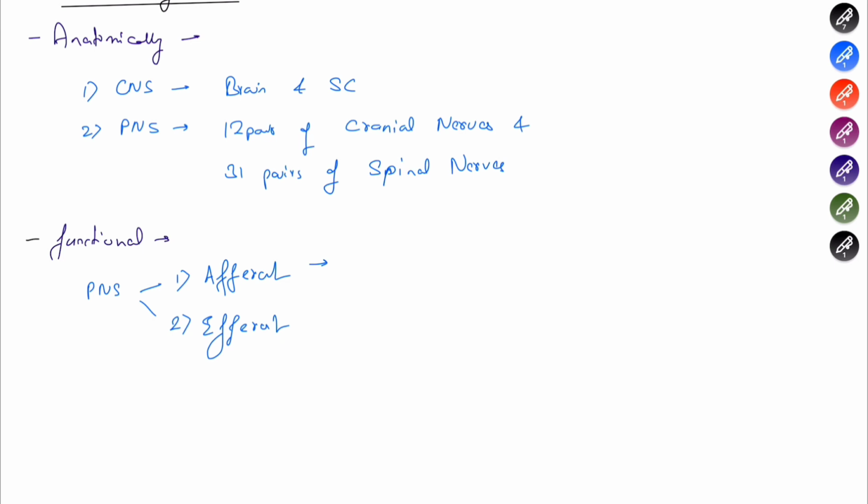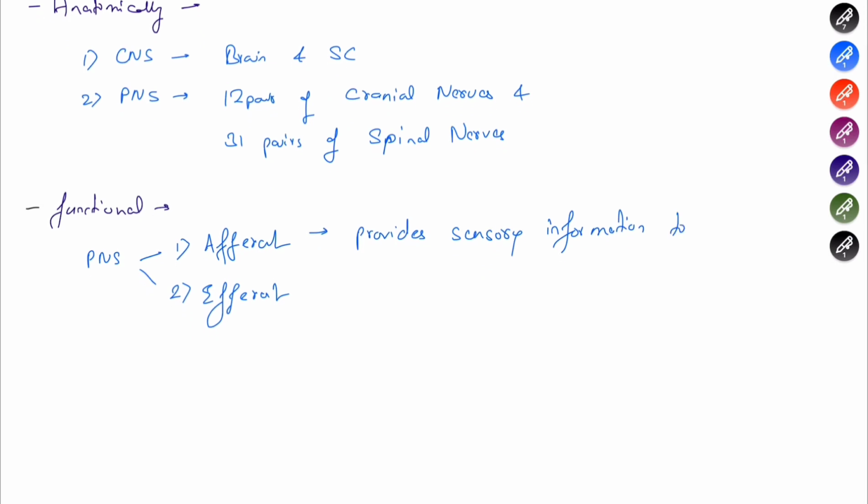Afferent, it provides sensory information to central nervous system from peripheral organs. And efferent, it carries motor information from central nervous system to the muscles, glands, blood vessels, heart, etc.